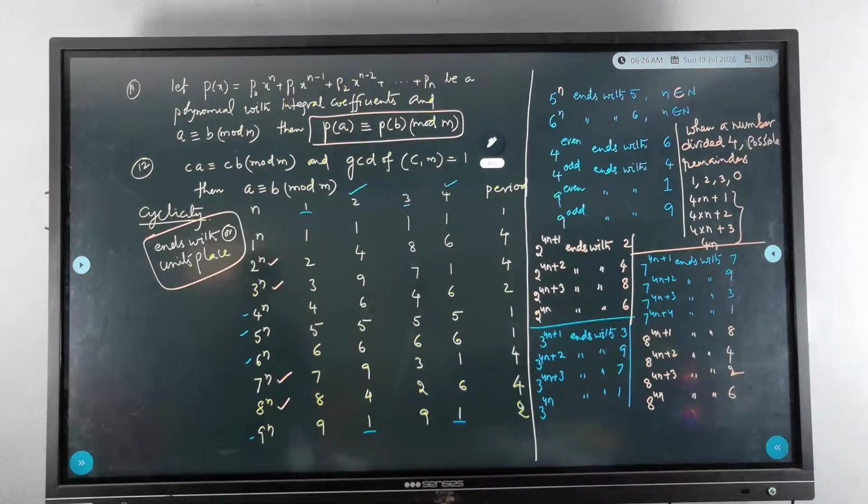Then we'll go to Fermat's theorem, little Fermat's theorem, and its applications.